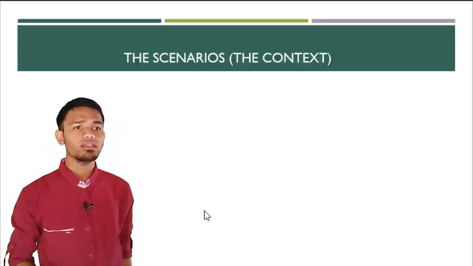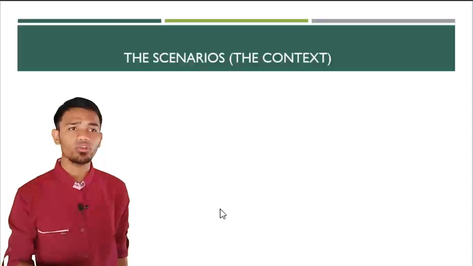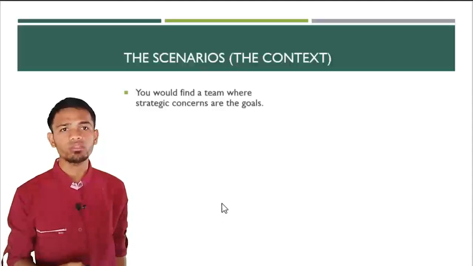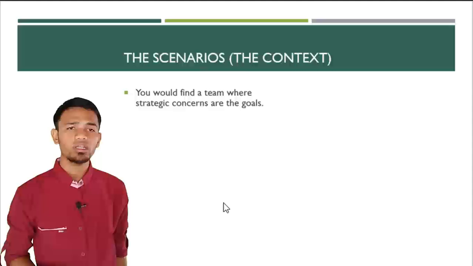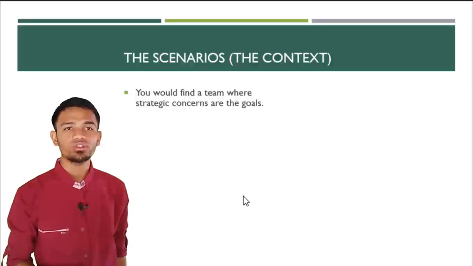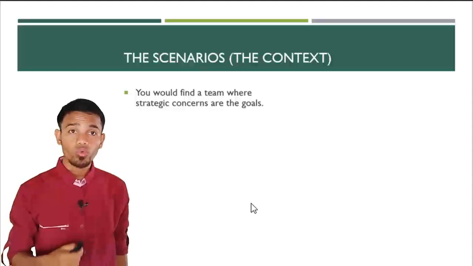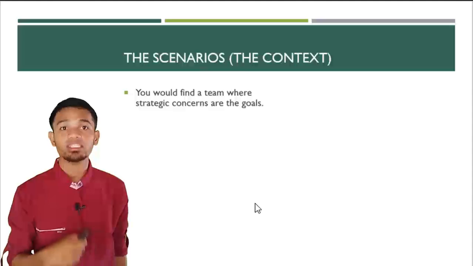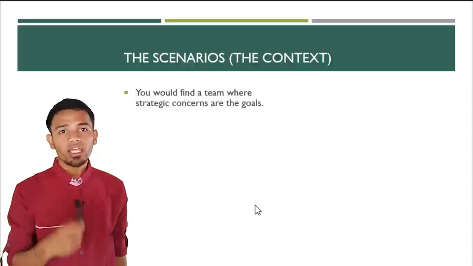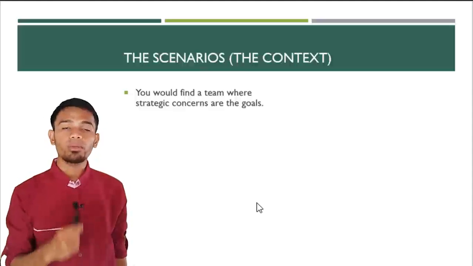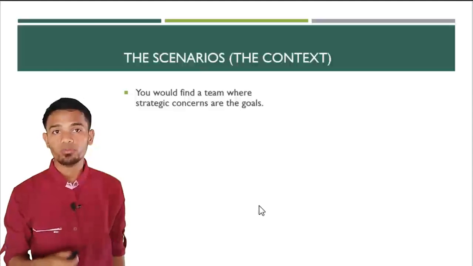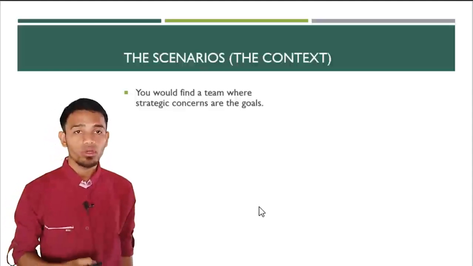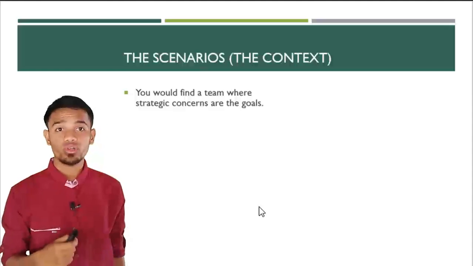Okay, in PESTLE analysis, this is the scenario or the context when we use it. The first one is when you find a team where strategic concerns are the goals. When you work in your company, or in someone's company, you might be positioned to prepare a strategic marketing plan, or a strategy for your company.